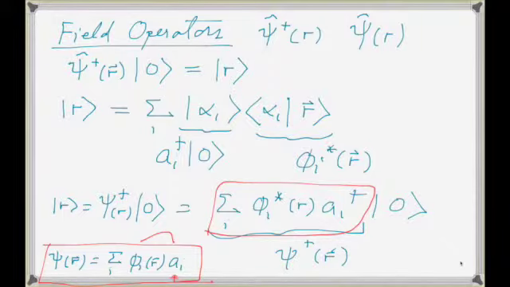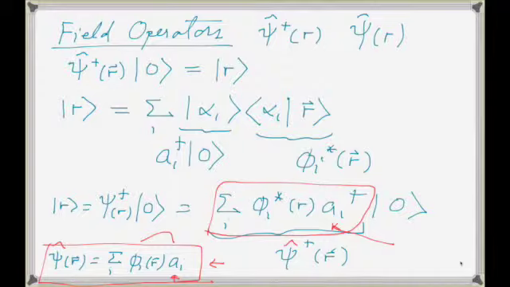These are the only things that are operating in this representation, the a_i and the a_i dagger. And I guess I should put hats here. These are my operators, right? If you didn't know better and you just looked at this expression down here at the bottom, it looks just like the expression for your wave function psi, expanded in terms of the localized orbital basis phi, and the amplitudes would be a_i, right?